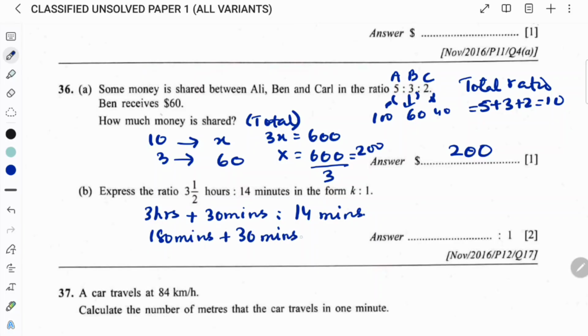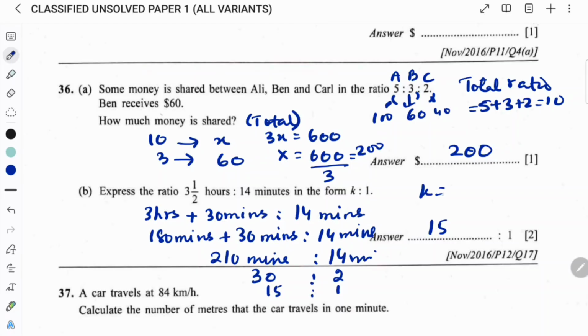We have to keep writing down the same unit everywhere, then we can find the simplest answer. So 180 and 30 is 210 minutes to 14 minutes. 2 times 7 is 14, and 7 3s are 21, so it is 15 to 1. So 15 to 1 is the answer for this question.